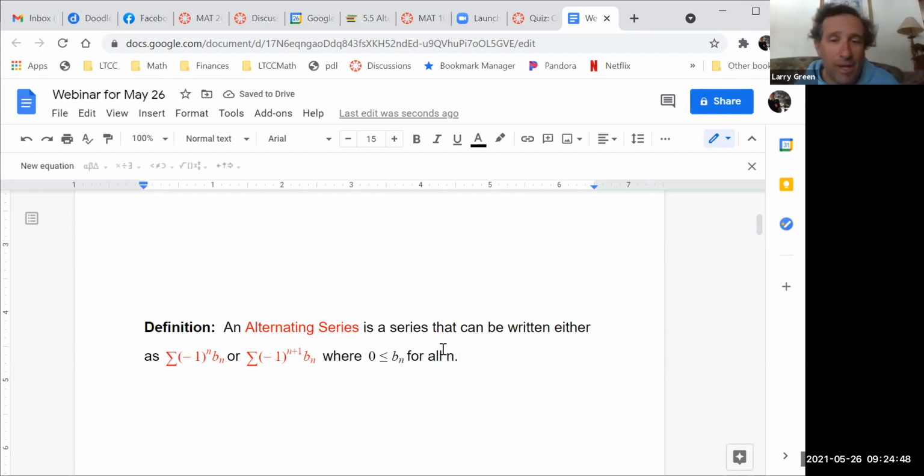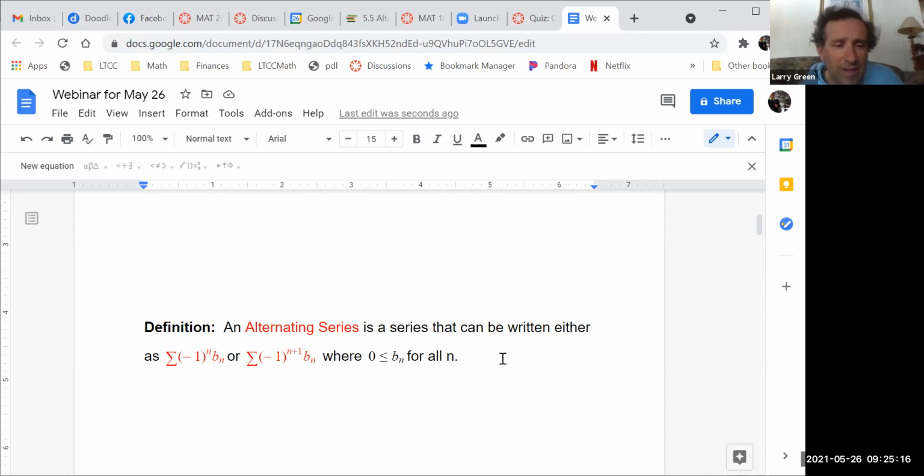So if we're starting at 1, that means n from 1 up. If we're starting at 0, it means n from 0 up, wherever you're starting. Later in this class, I'll start at 2 sometimes, and that'll happen, believe it or not, because of the second derivative. But just trust me on that one. Okay. Any questions on the definition of an alternating series?